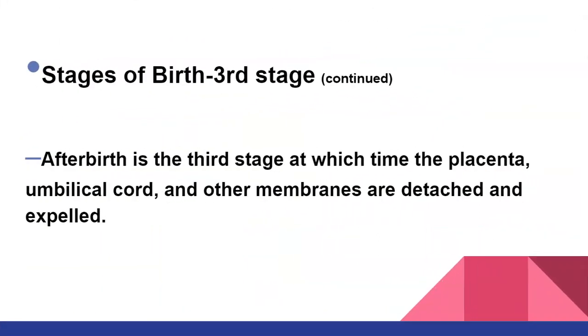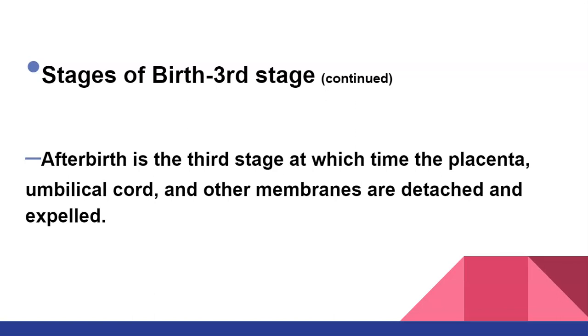The third stage is afterbirth. And afterbirth is when the placenta, the umbilical cord, and all the other membranes that were attached to the baby have to also come out, because the baby no longer needs to be attached to the placenta via the umbilical cord.